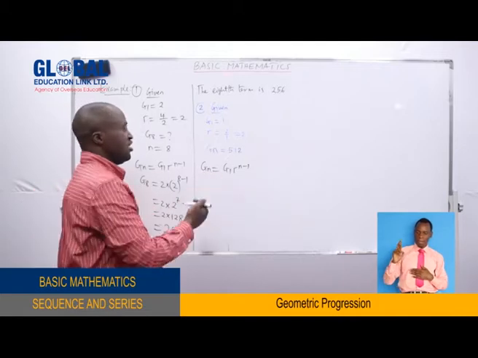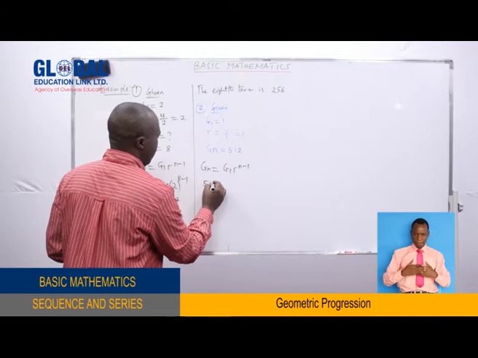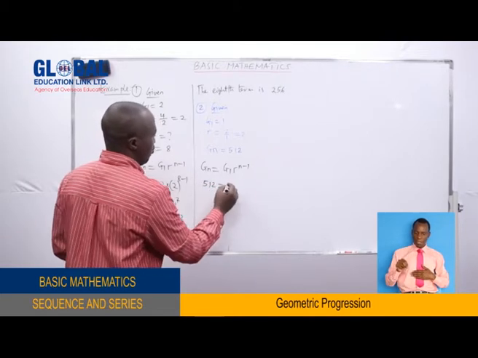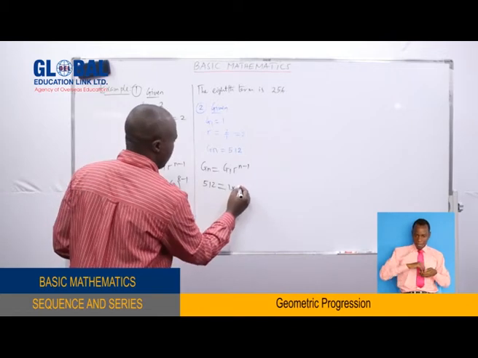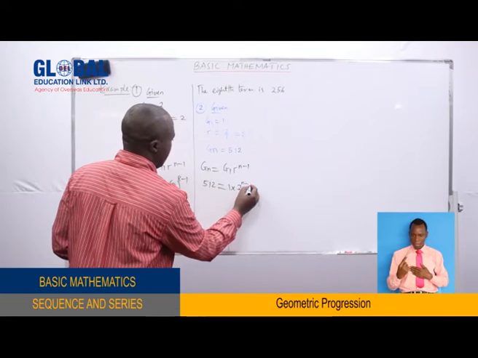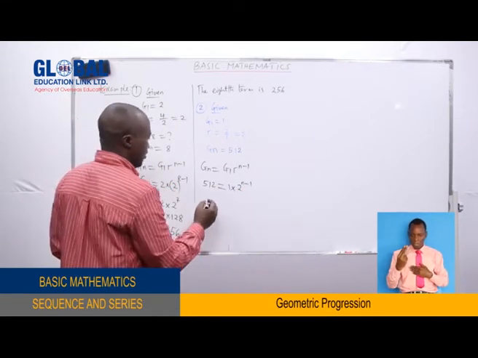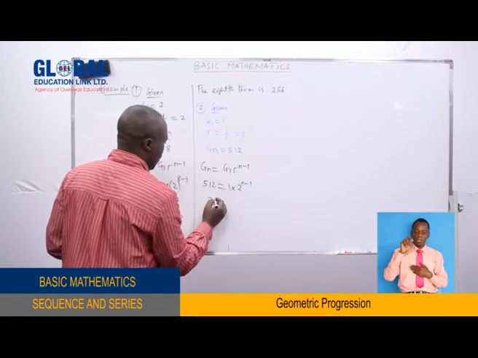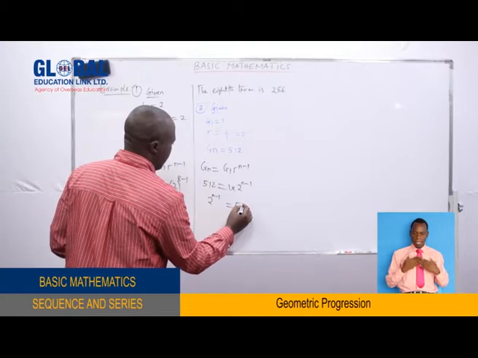But Gn is 512. So here we have 512 is equal to G1, which is 1, times the common ratio, which is 2, to the power n minus 1. That is, 2 raised to n minus 1 is equal to 512.